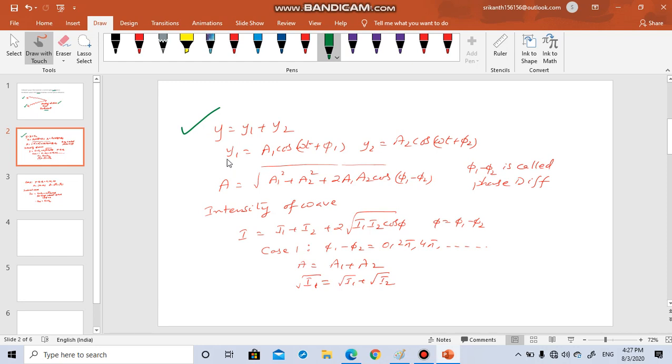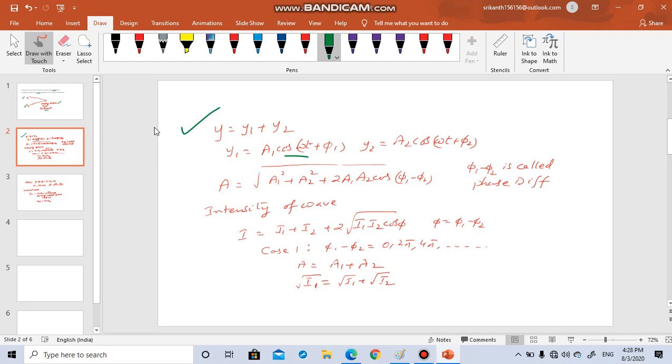Let us say y1 is given by this expression. A wave can be written as a sine function or a cosine function. Let us say y1 is given by a1 cos(omega t plus phi 1) and y2 by a2 cos(omega t plus phi 2). Phi 1 and phi 2 are the individual phases of the waves emanated from S1 and S2.